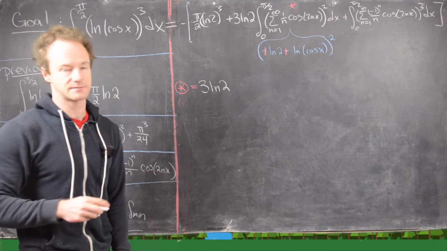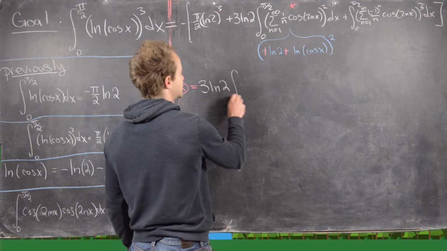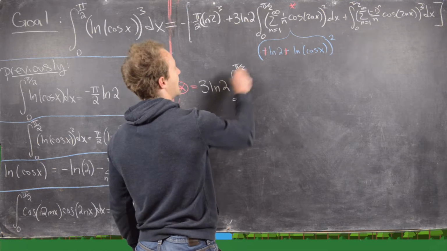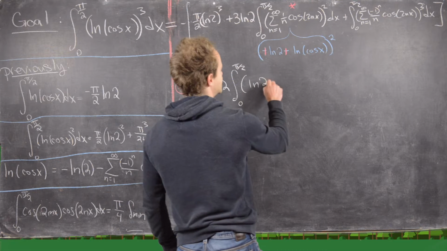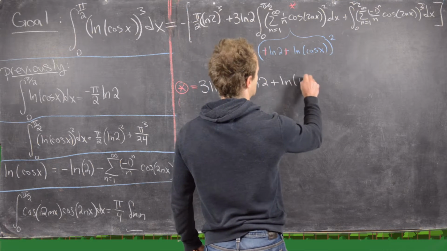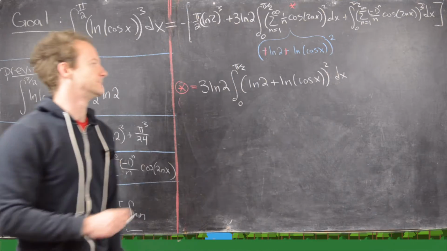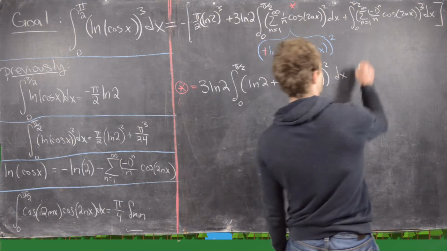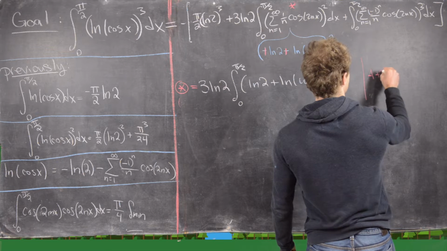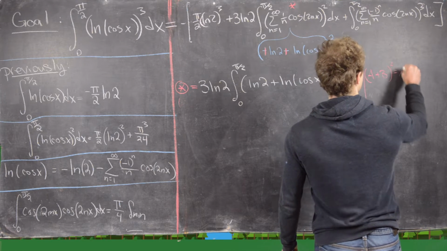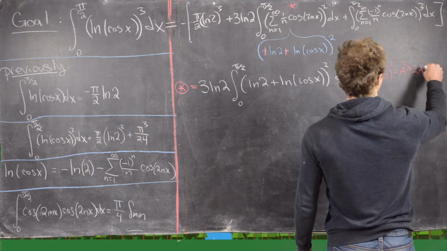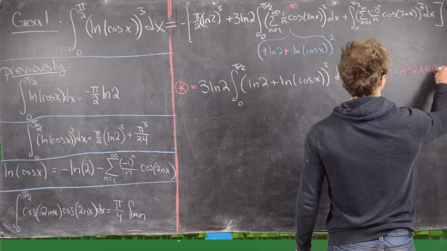I'll keep that constant, times the integral from 0 to pi over 2 of ln 2 plus ln cosine of x quantity squared. But now we can just use the binomial squaring formula. So we have a plus b squared is a squared plus 2ab plus b squared.